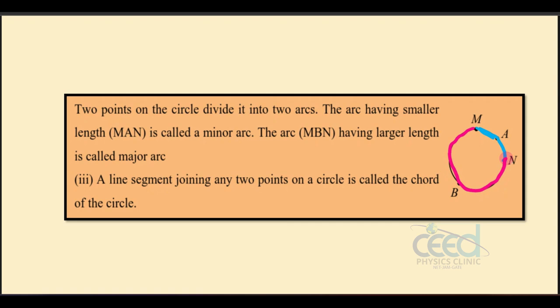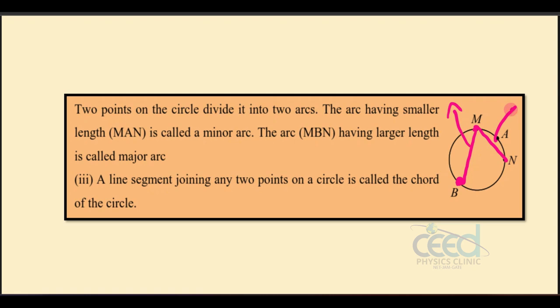arc, right? Now, the line segment joining any two points on the circle is known as a chord of the circle, right? Now, suppose any two points, this M and B, we join, this is a chord, right? This is a chord of the circle, or this and this joined is another chord, right?